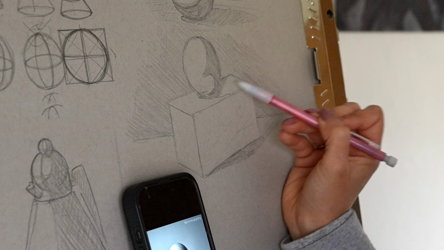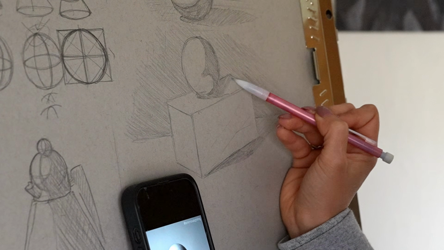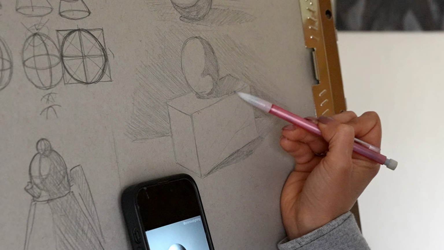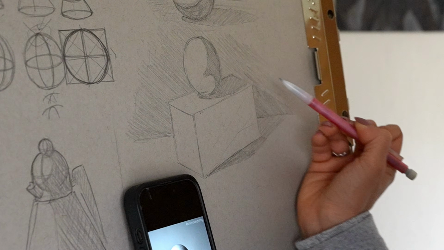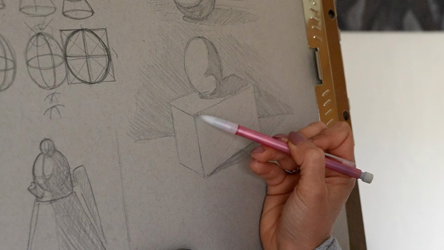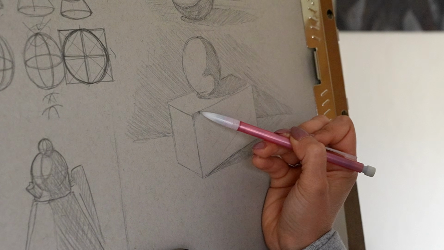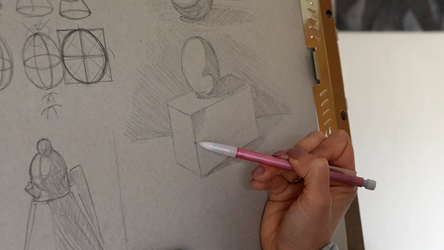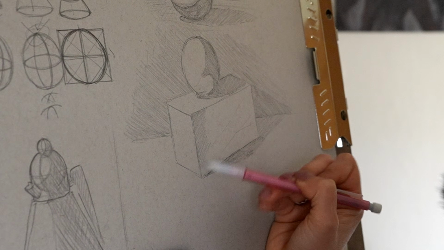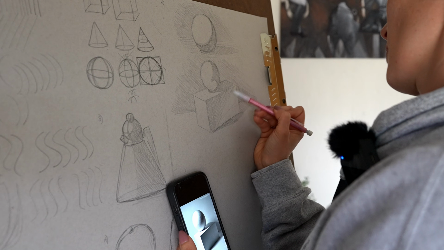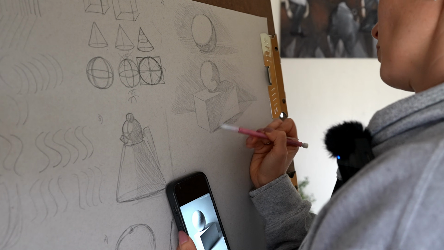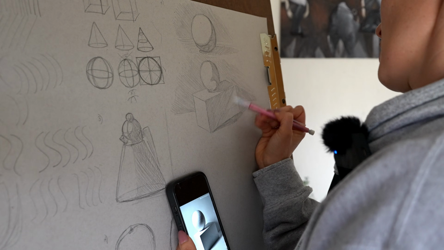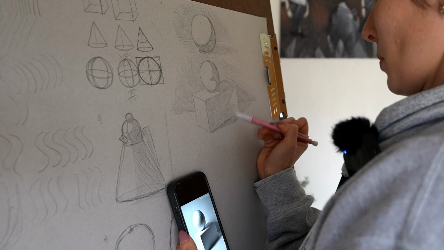Again, I have a line here for the edge of this rectangle, so I'm shading in a different direction so that I know that that exists. I'm just getting in the biggest shapes possible.